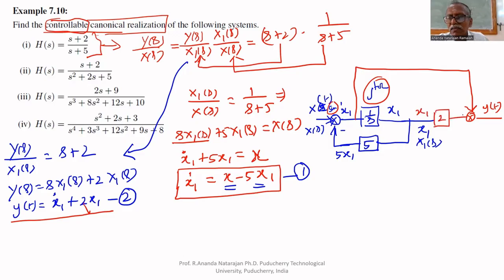Multiply 2 times and give it here. So if you give x of t here, you will get y of t, the output. So this type of realization is called controllable canonical form.